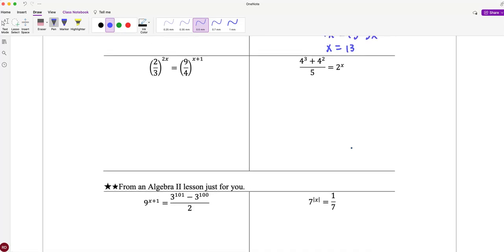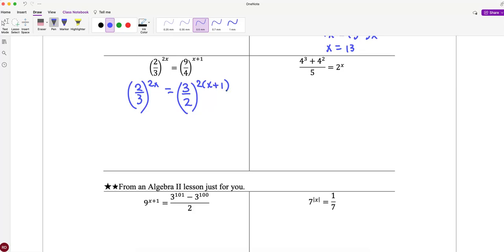This one, so 2 thirds to the 2x. If I look at the relationship, so 9 is what, 3 squared, and 4 is 2 squared. So that can help me. So I can write this as 2 thirds to the 2x equals, this is what, 3 halves squared to the x plus 1.